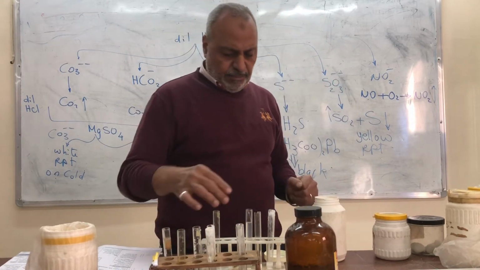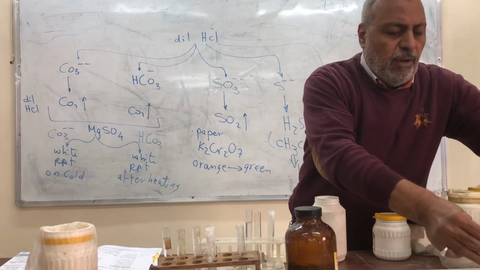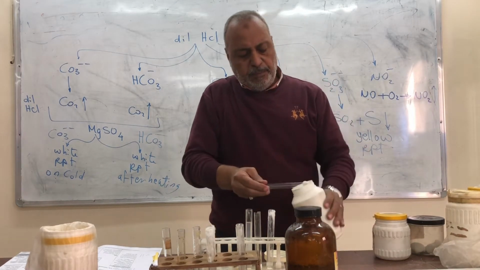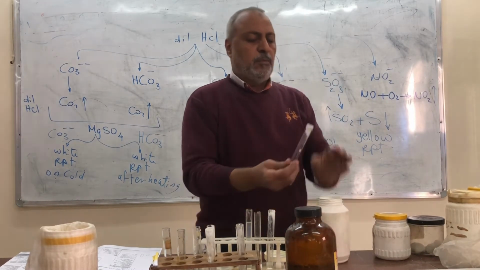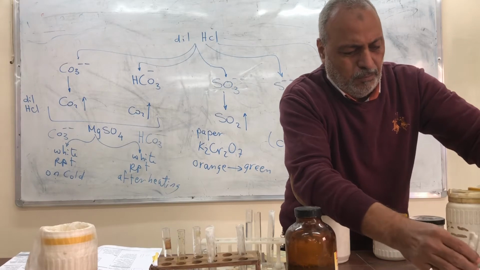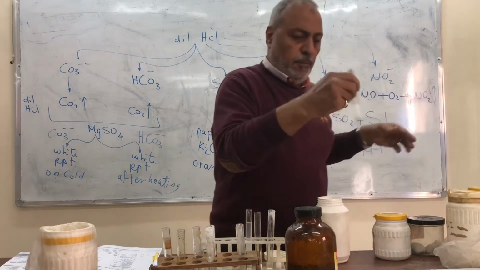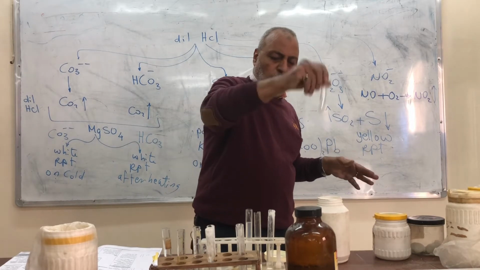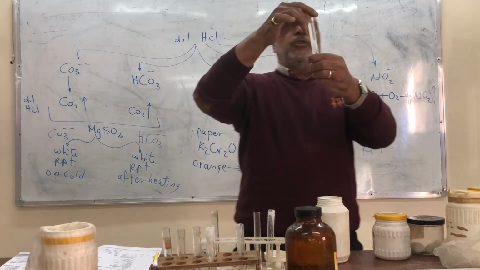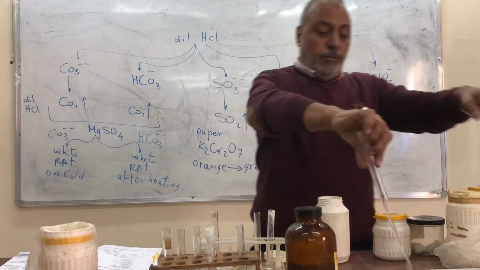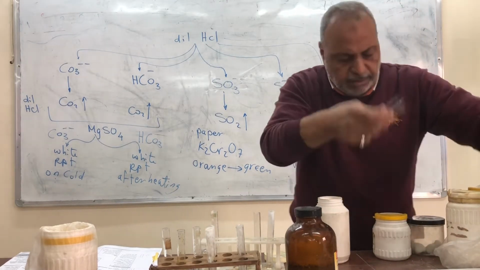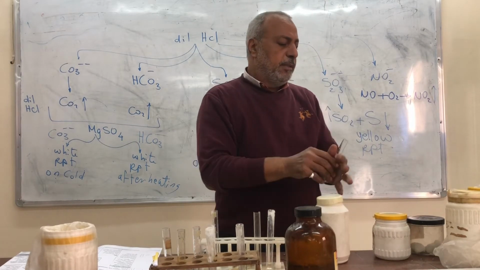We take a small amount of a solution of magnesium sulfate and a solution of carbonate. It forms a white precipitate. We will do it again to be sure that the white precipitate is formed.